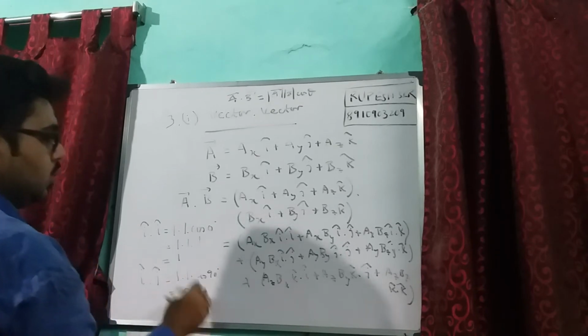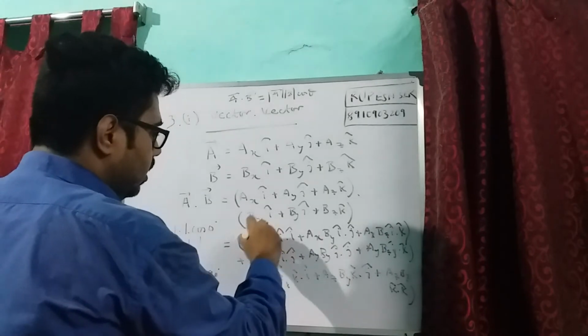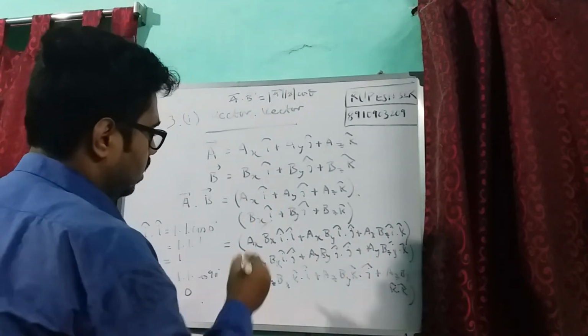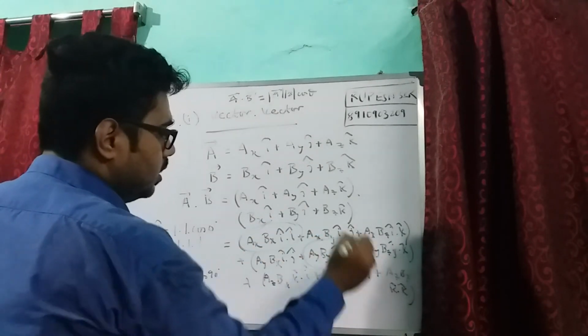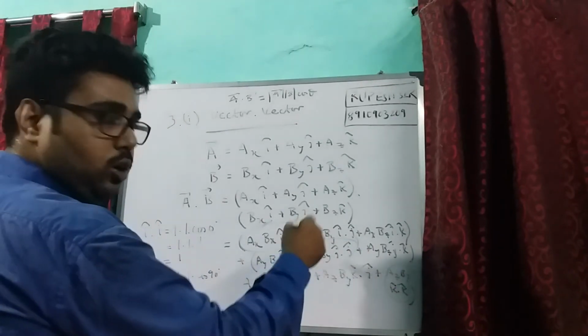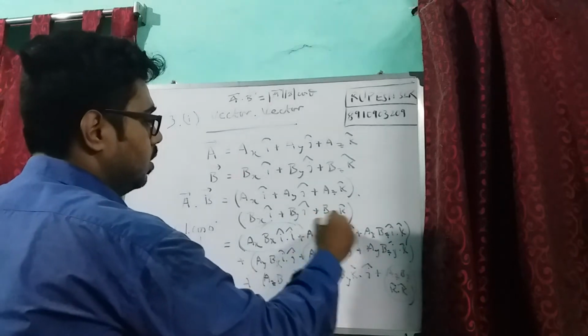So the answer will be 0. So we will obtain here only this and this. All the other products will be cancelled out.